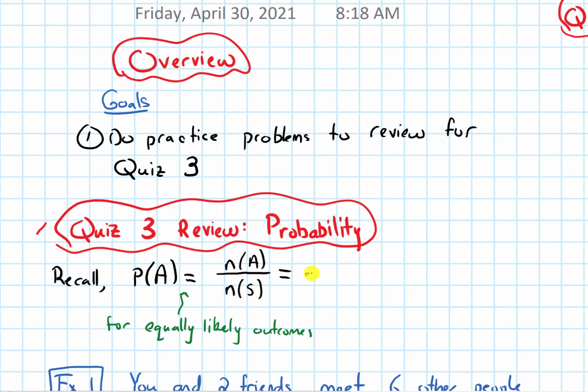So I can write this more informally as the number of successful outcomes on the top of the fraction, and on the bottom it's the total number of outcomes.